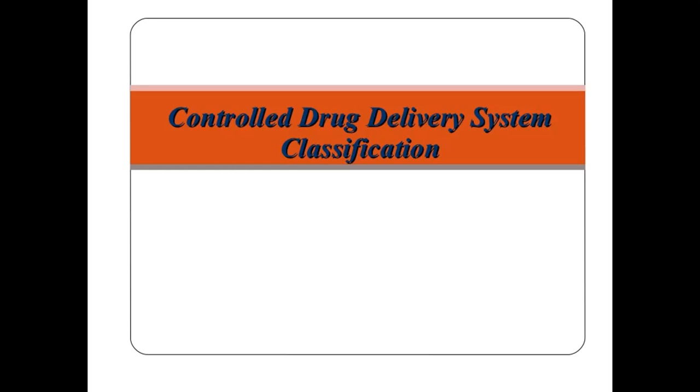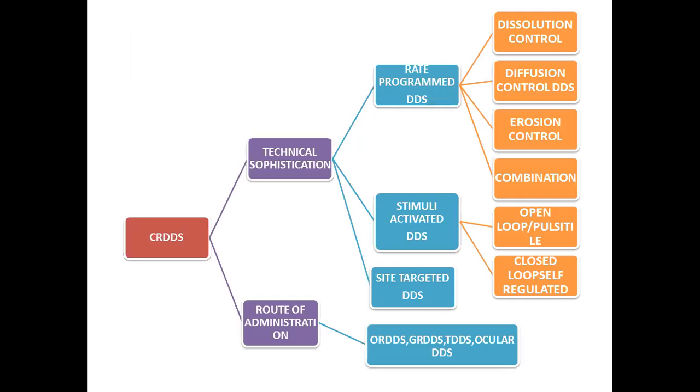Controlled release drug delivery systems are basically classified on the basis of technical sophistication and on the basis of routes of administration. There are various routes that can be used to carry out controlled release drug delivery.